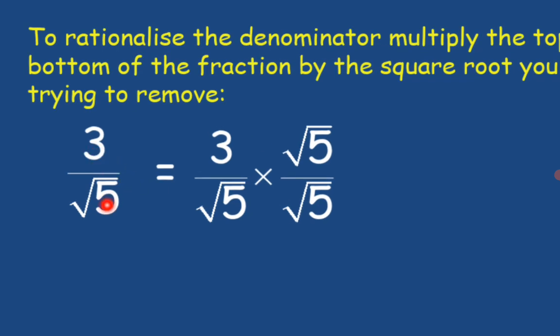So 3 root 5, the goal is to remove this root, this one, to rationalize this denominator, to remove the root. So all you do is multiply this fraction by root 5 over root 5.